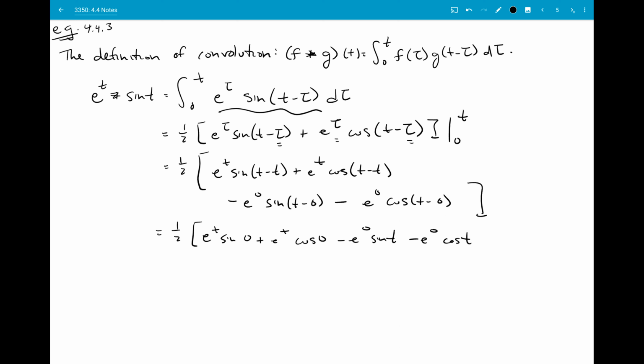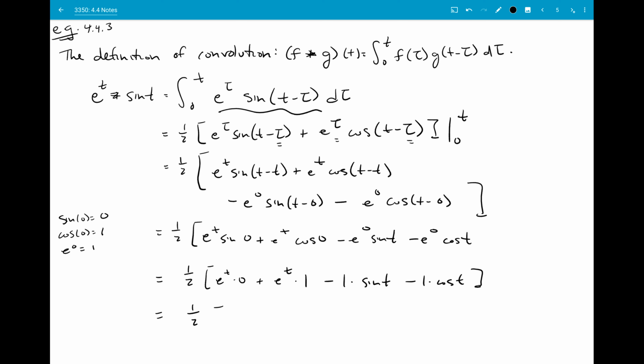And then since we know that sine of 0 equals 0, cosine of 0 equals 1, and e to the 0 equals 1, this is just going to give us 1/2 times e to the t times 0 plus e to the t times 1 minus 1 times sine t minus 1 times cosine t.